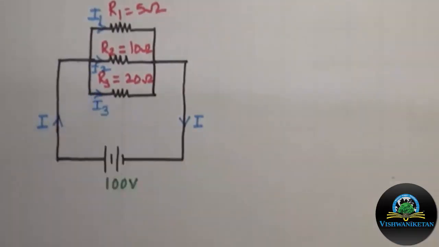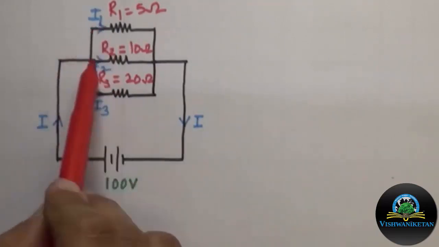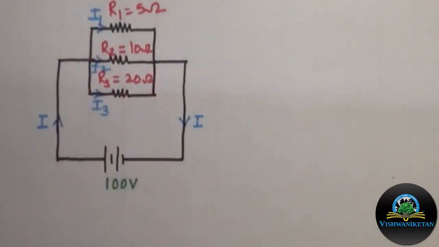Now as the resistances are connected in parallel, the voltage across every resistor will be the same and equal to the source voltage, that is 100 volt. Hence, applying Ohm's law, we can calculate currents I1, I2 and I3.